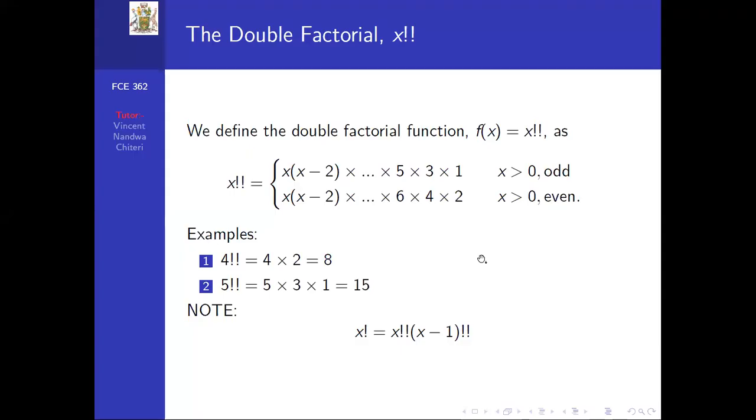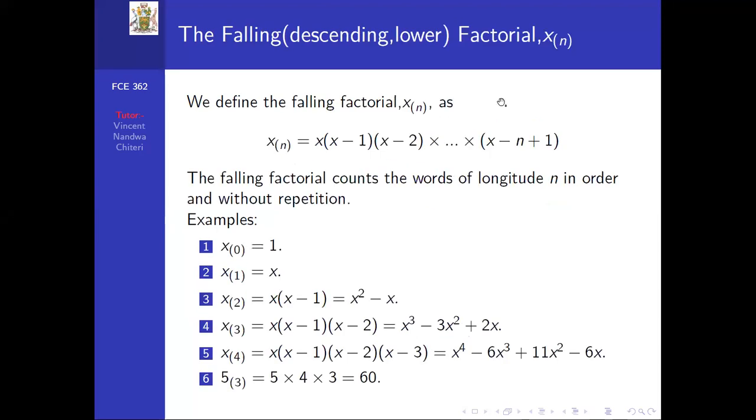After defining the double factorial, let's define what we call the falling factorial, or the descending factorial, or lower factorial. It is denoted by x sub n, which is defined as x times x minus 1 times x minus 2 up to times x minus n plus 1. The falling factorial counts the words of length n in order without repetition.